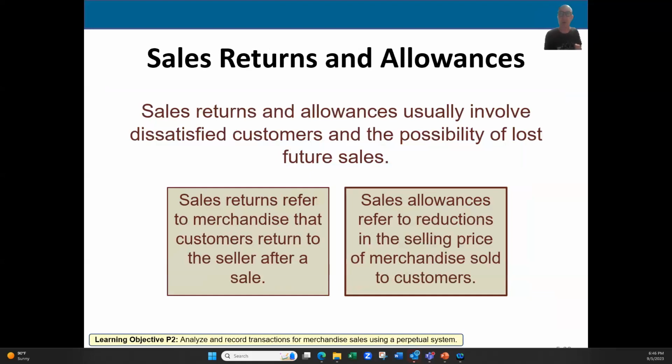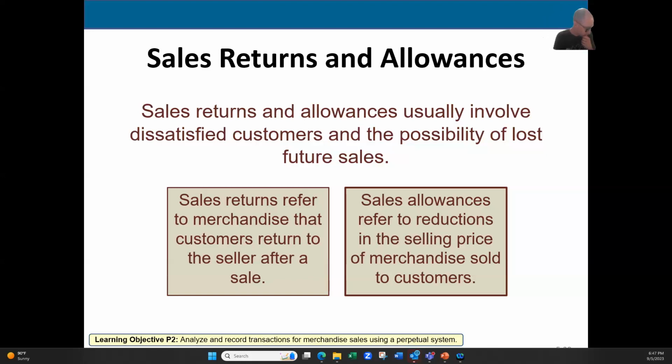Returns and allowances. It's very similar with our customers. Customers ain't always going to be happy. You're never going to make everyone happy. That's just life. It's impossible to make everyone happy. I try to make my students happy, but sometimes they ain't happy with me.